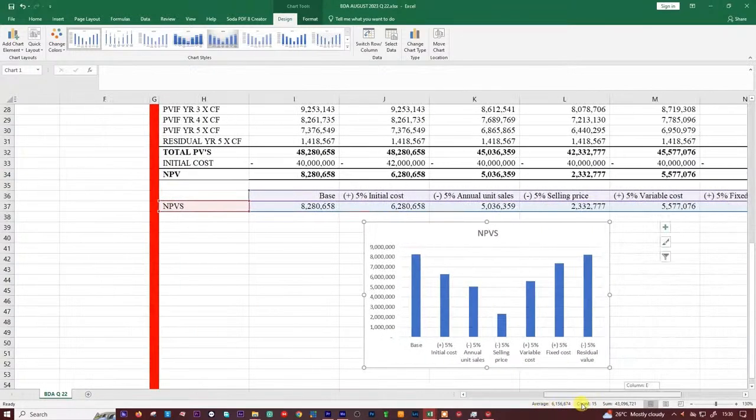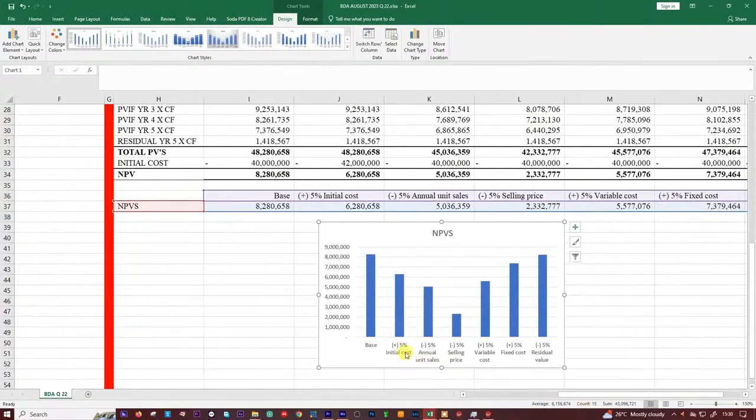And this means that at the base case, we are actually over there. The initial cost sensitivity plus 5%, because it's a cost. Any cost, an adverse effect should actually increase or get a positive value. But any selling price or what we're selling should actually be indicated by a negative sign if it is going to be an adverse effect.